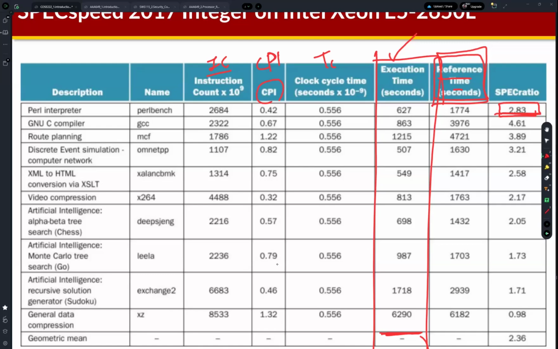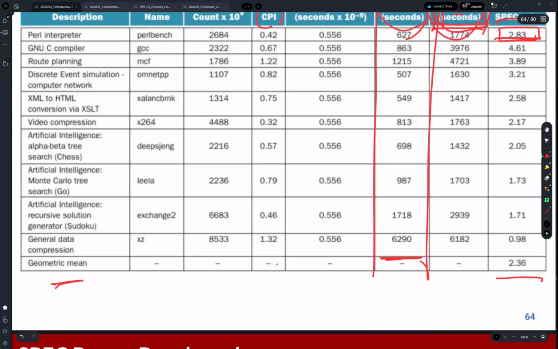It's the same performance comparison. Okay, I explained that performance of system A is n times higher than performance of system B. So you can just compare the execution time. It's the same. SPEC ratio is just the reference time divided by the execution time of a target machine. Then we can get the SPEC ratio.